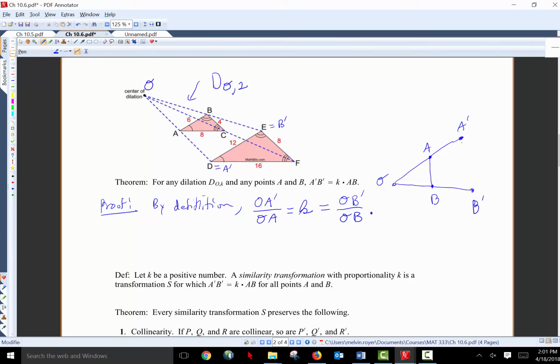And if I join these guys like this, I'm trying to talk about what happens to distance AB. But there are two triangles here. One is the big one, and the other is this small one, OAB.